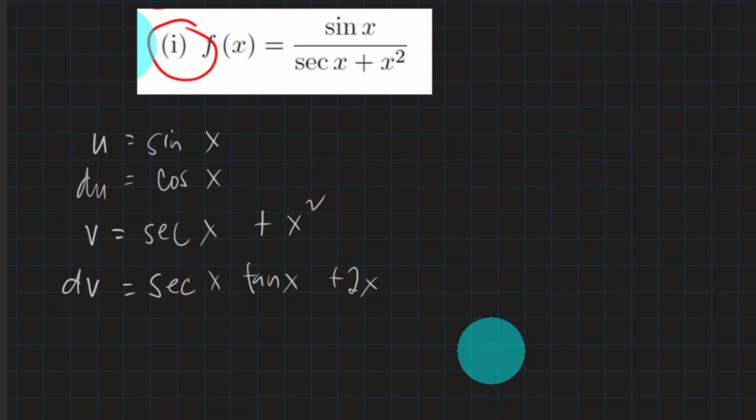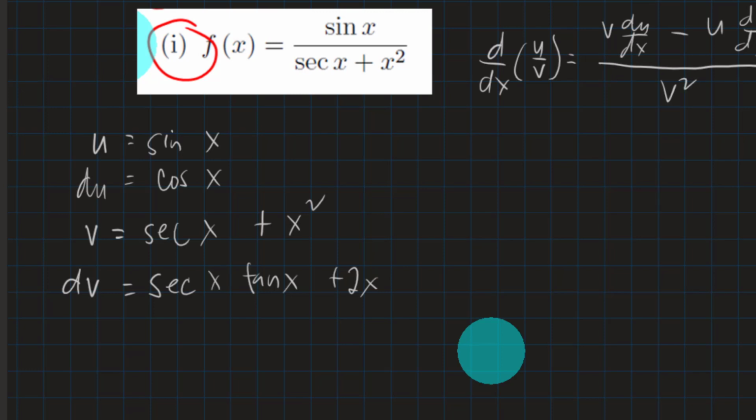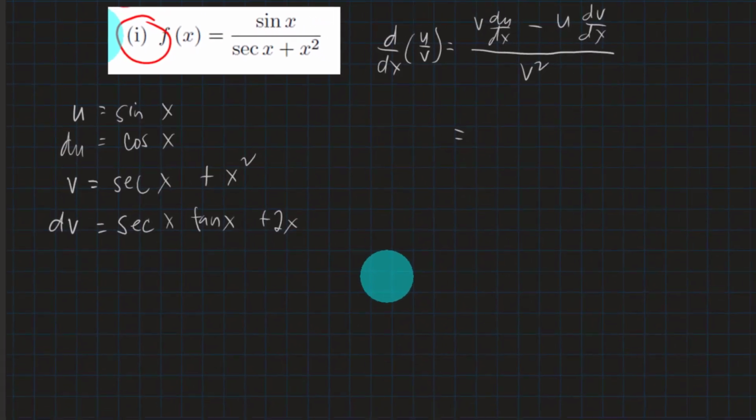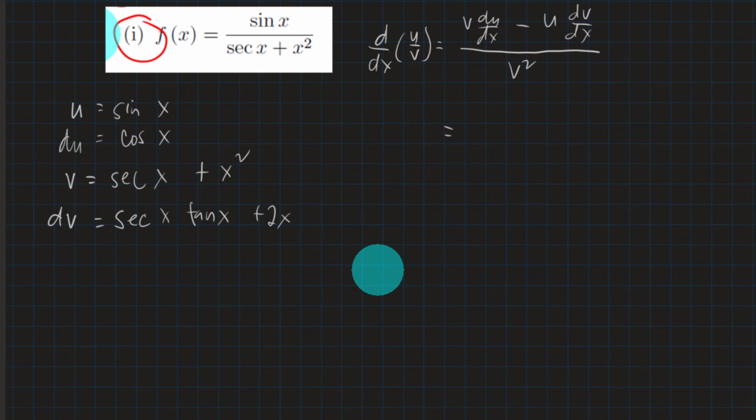Now, we use the formula d dx ng u over v is equal to v du dx minus u dv dx all over v squared. Let us substitute the components in the formula. So, the denominator, which is v, secant x plus x squared, multiplied by the derivative of the numerator, which is cosine x.